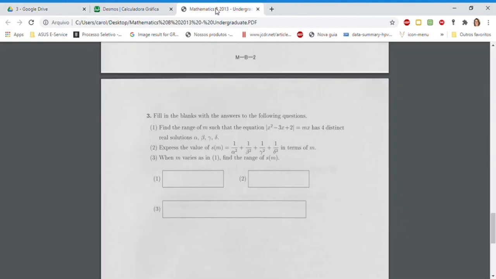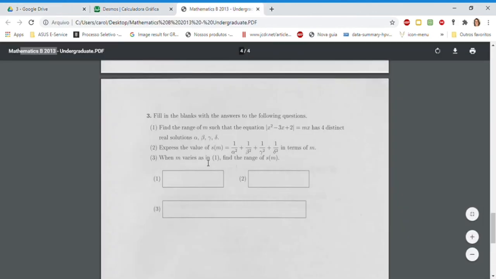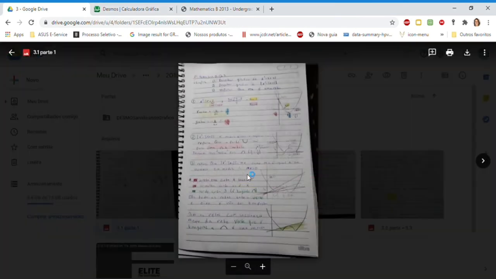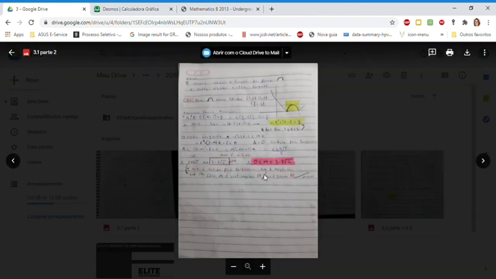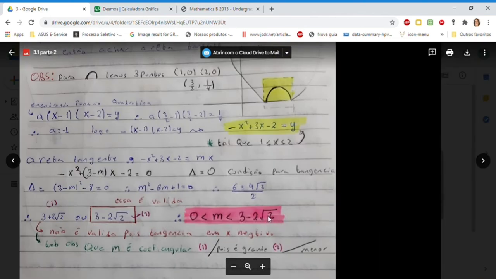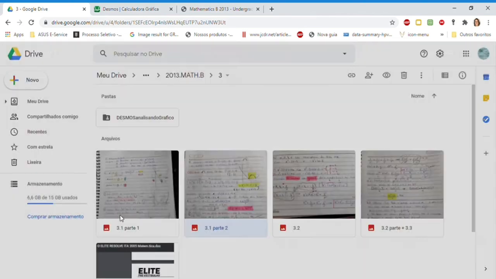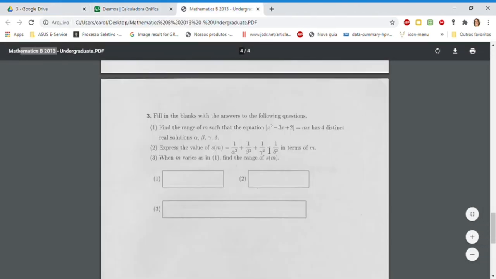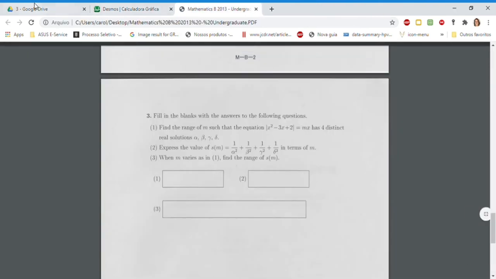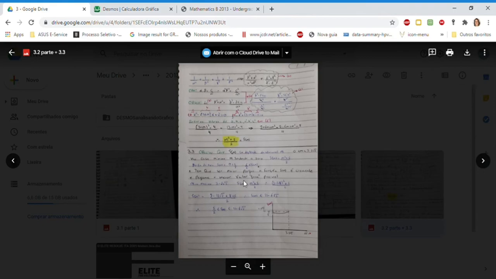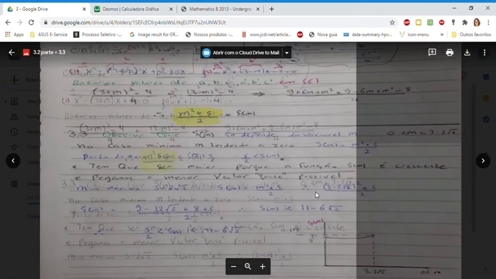So now in the third question, when m varies as in part 1, find the range of S of m. So remember, how does m vary? Well, m varies over here actually. m varies from bigger than 0 to smaller than 3 minus 2 multiplied by square root of 2. So when m varies from this, how does S of m vary? We have it over here actually, question 3.